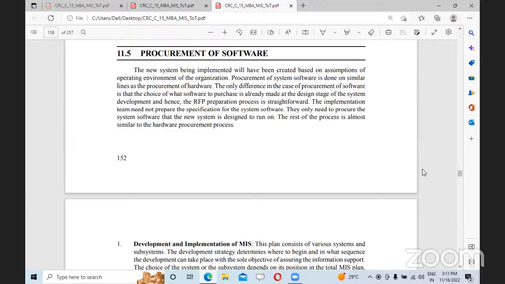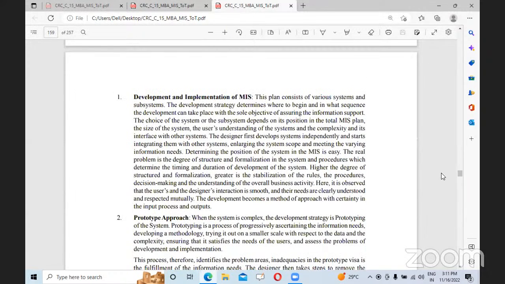The implementation team will not prepare the specification for the system software. They only need to procure the system software that the new system is designed to run on. The rest of the process is almost similar to the hardware process, and that can be part of a procurement system.